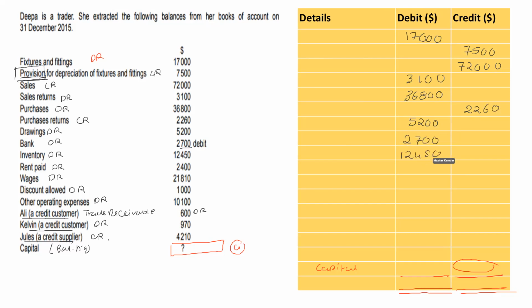Kids, can you all tell me the inventory in the trial balance is which inventory? It is always the opening inventory.